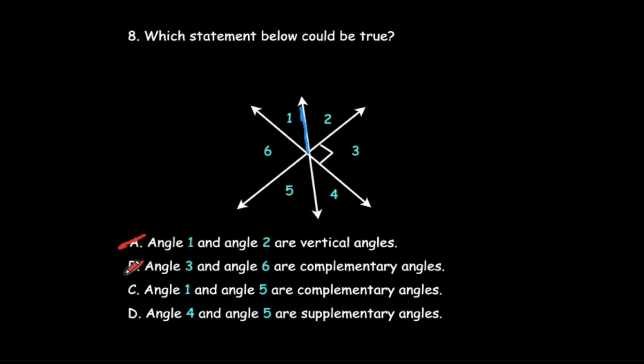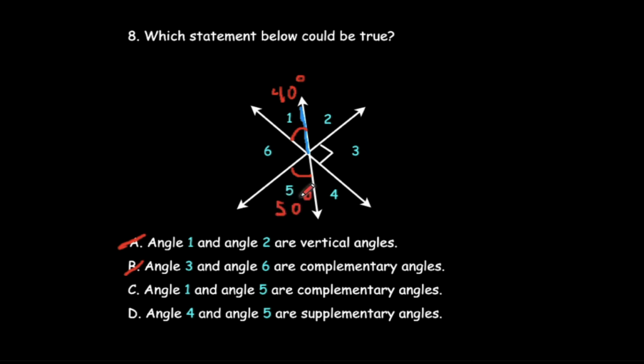So let's move on to answer choice C, which says angle 1 and angle 5 are complementary angles. So we have angle 1 and we have angle 5. Now this could be true because we know that complementary angles add up to 90 degrees, so we can say angle 1 is approximately 40 degrees and angle 5 is 50 degrees. So we'll give it that.